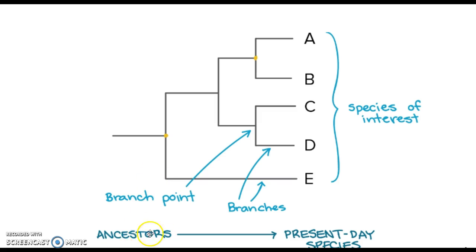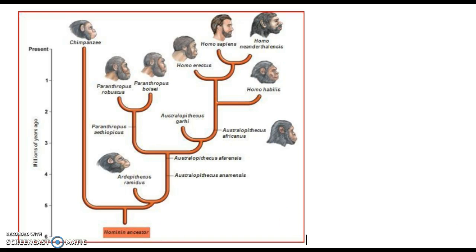So we're looking at ancestors all the way to present day species, and so the distance that one species is from another, and the more distant the branches are from each other, the more distantly related the species are. And so very, very briefly, this is an example of a phylogenetic tree that examines the evolution of the human.